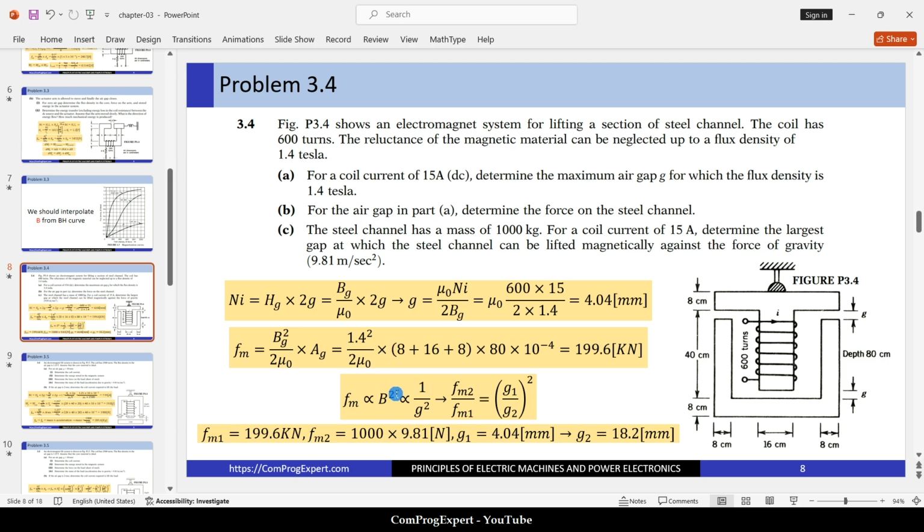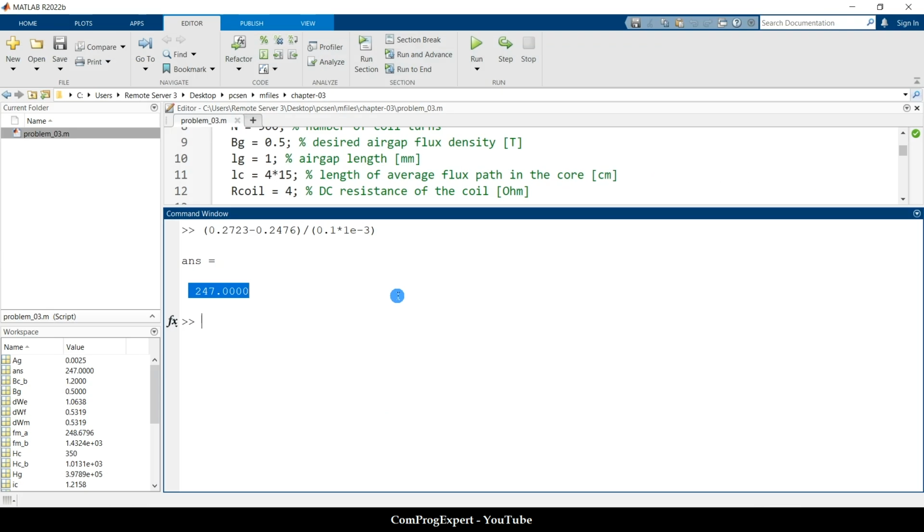Let me recalculate it again in MATLAB. So 1.4 to the power 2 divided by 2 times 4 times pi times 1e minus 7, the mu 0, times the 8 plus 16 plus 8 times 80 times 1e minus 4.